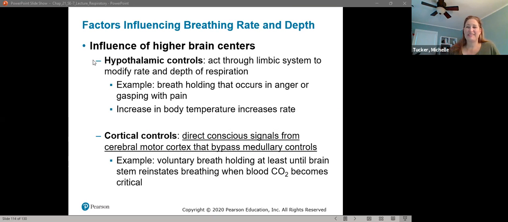Like with most things, we usually have that slide, and it says influence of higher brain centers, that your brain will play a role, and we kind of stop it there because we had the brain in 1141, but it's just a reminder that higher brain centers can affect breathing rate and depth. So the hypothalamus is in a unique position, in that we have our limbic system, which is involved in emotions, and its axons run through the hypothalamus.